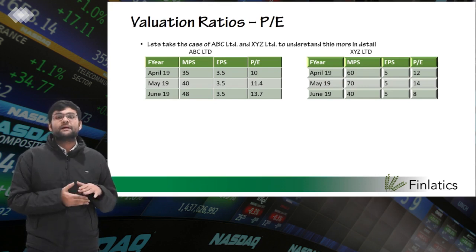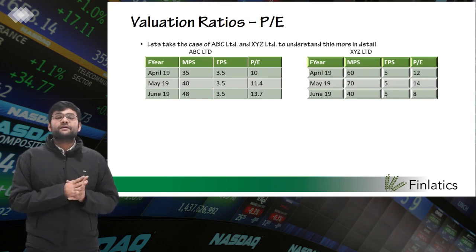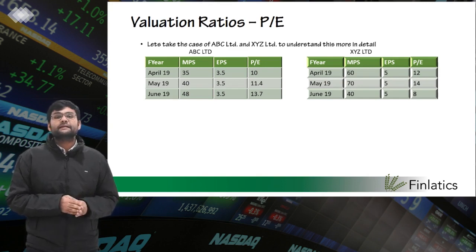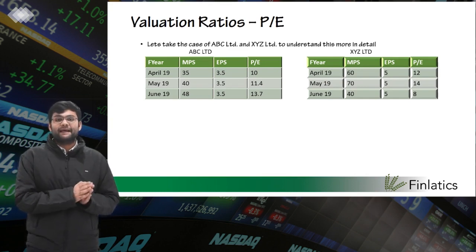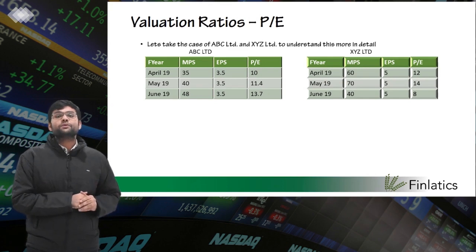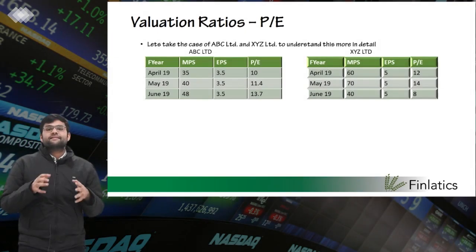As one can see, the market price of ABC Limited went from 35 in April 2019 to 48 in June 2019. Therefore, the PE of this company shot up from 10 in April to 13.7 in June.